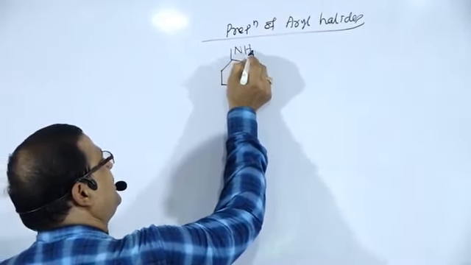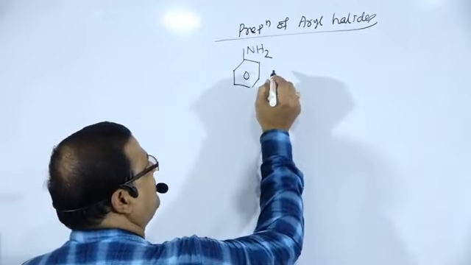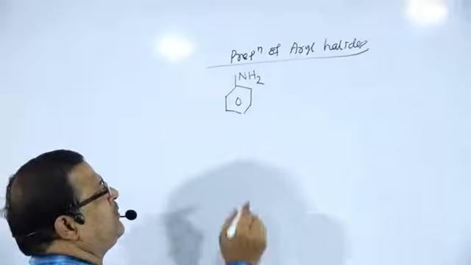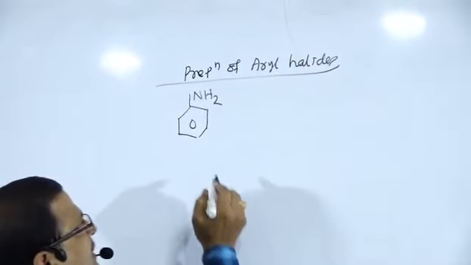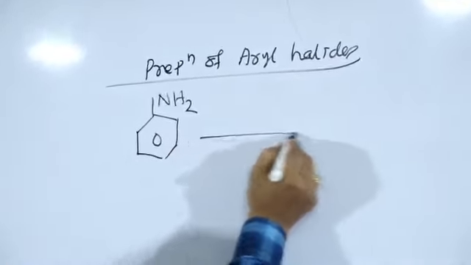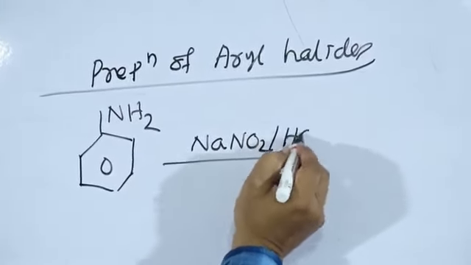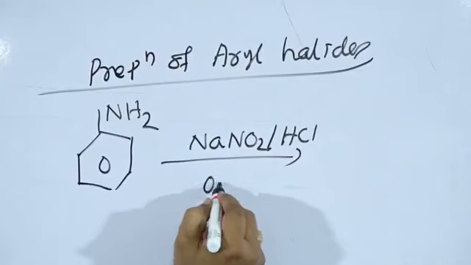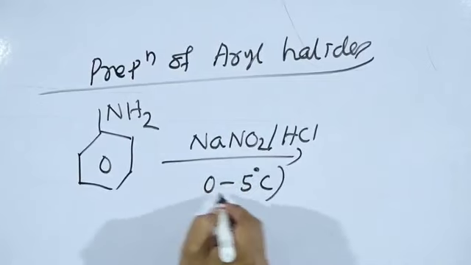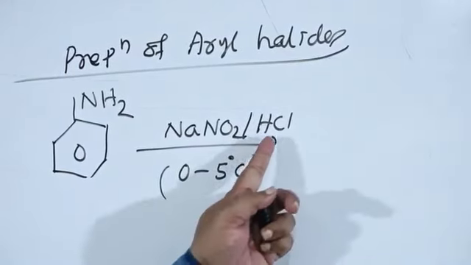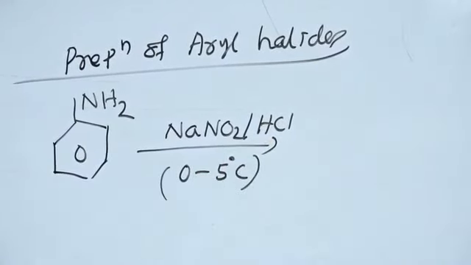We will discuss the preparation and properties of BDC later on in the chapter. I am just giving an example of how BDC is prepared. Aniline is treated with NaNO2 and HCl at about 0 to 5 degrees centigrade.